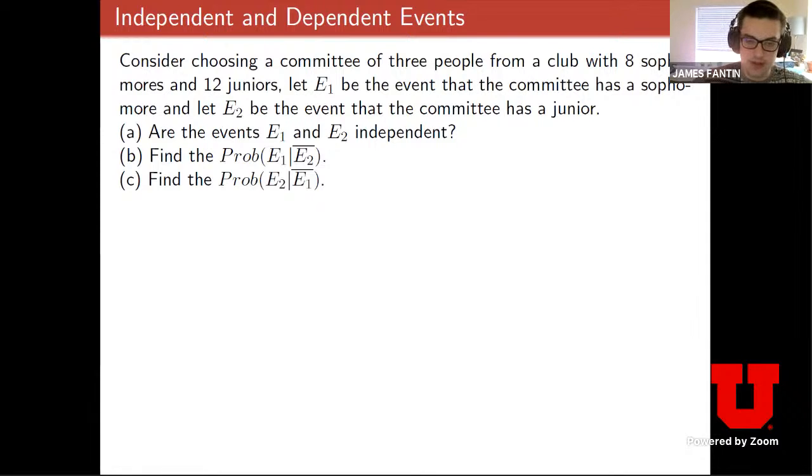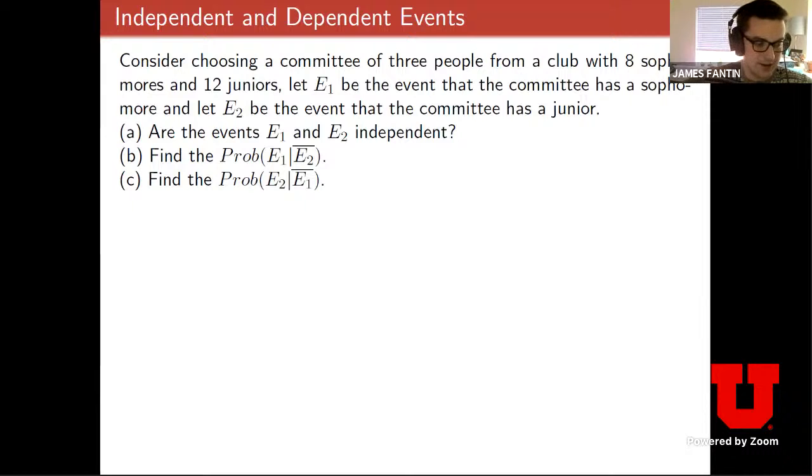And if you just want to type yes or no in chat, and we can kind of talk about it, just your ideas. Are those 2 events independent of each other? Okay, so we've got 2 yeses.